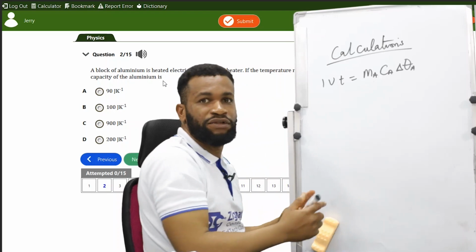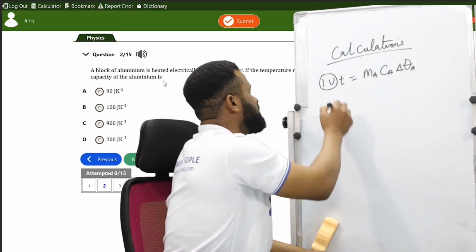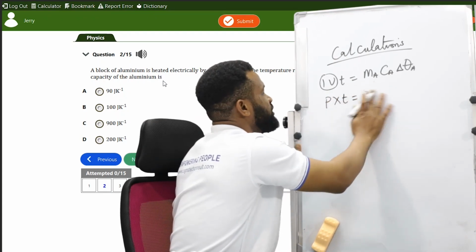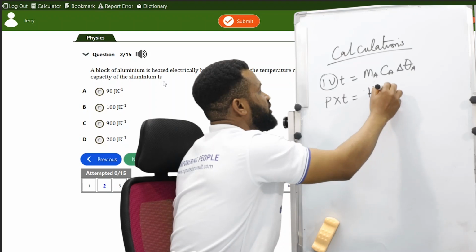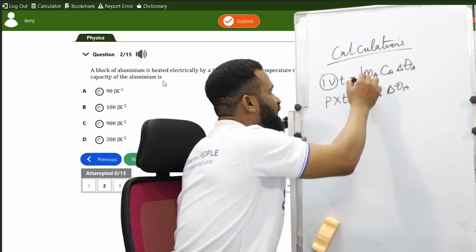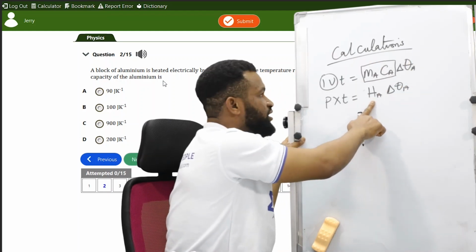Now, in this case, IV, which is power times time, is equal to M_A C_A, change in temperature of A. Remember that mass times specific capacity represents heat capacity.